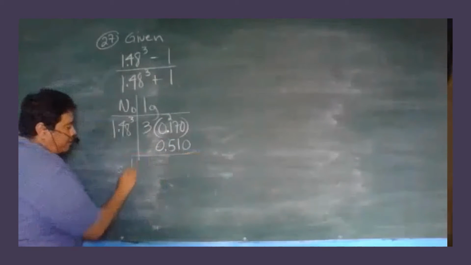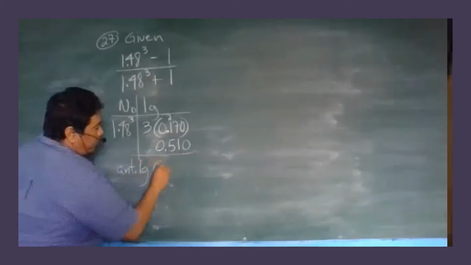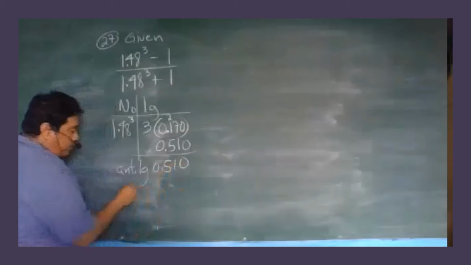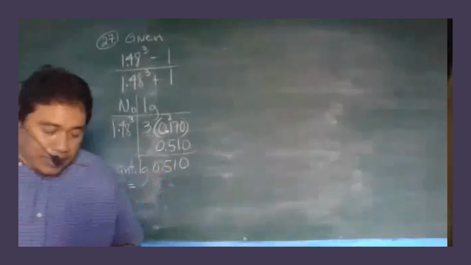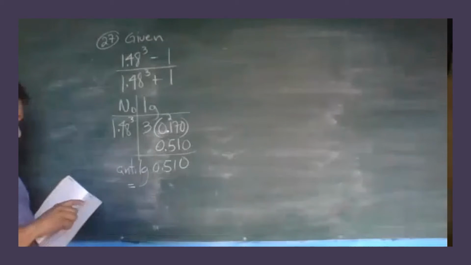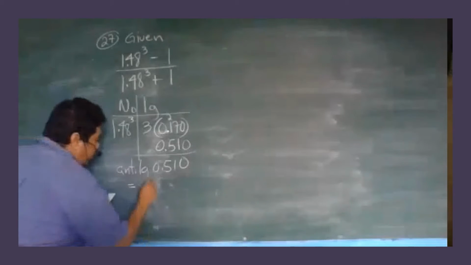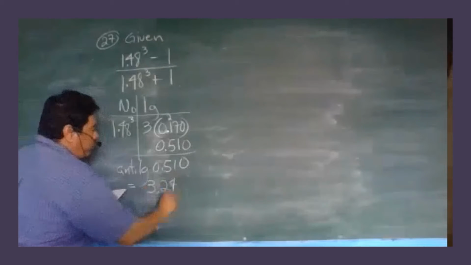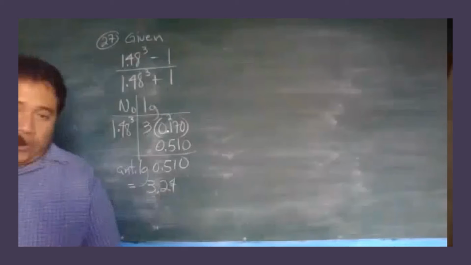So anti-log of 0.510. So I go to my anti-log table and I look for 0.51 on the primary column, 0 on the primary row, and I get 3.24.